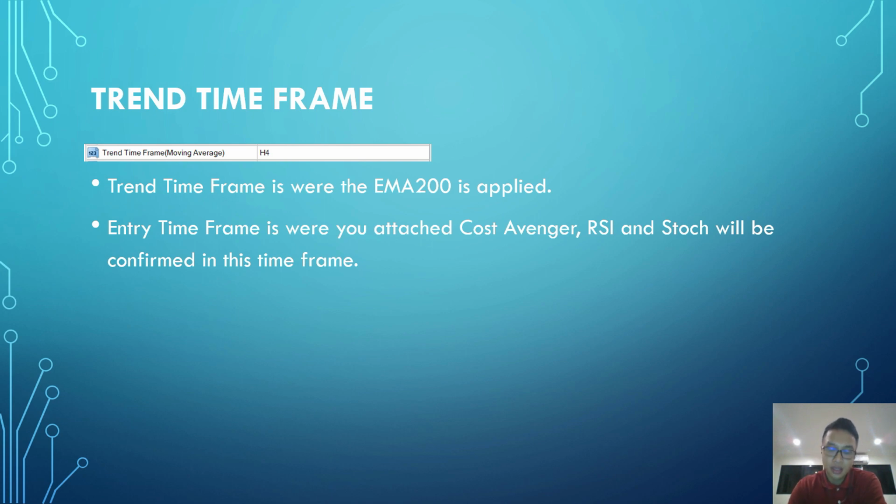So in trading, actually, it's better to use multiple time frames. We have the trend time frame where you look at the current swing of the market at a higher time frame, so you have a higher vision of what the market is currently doing.